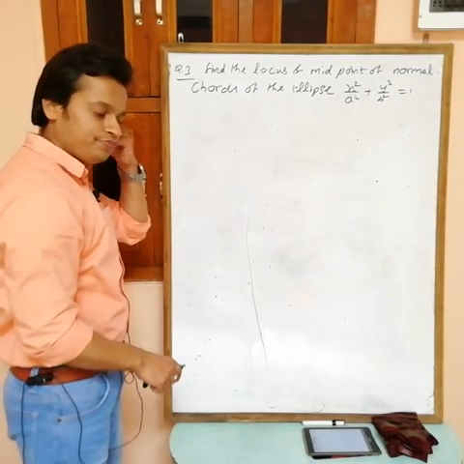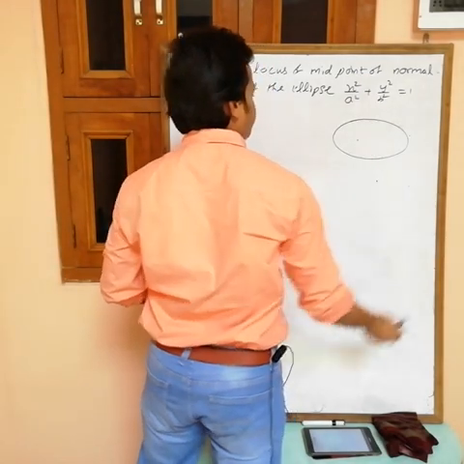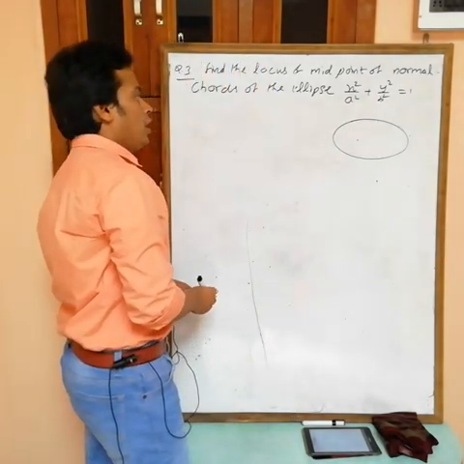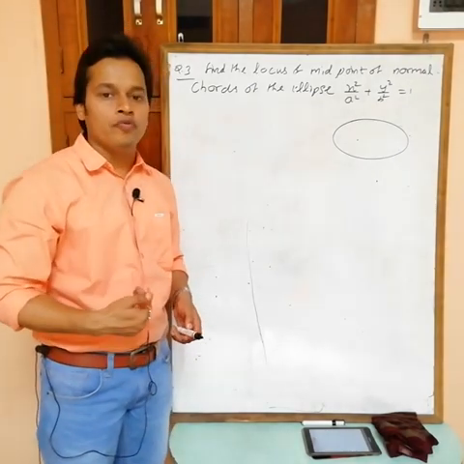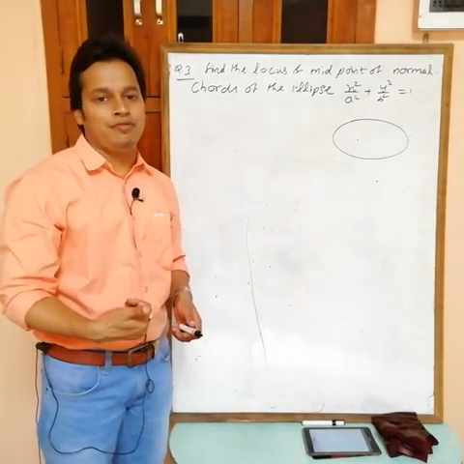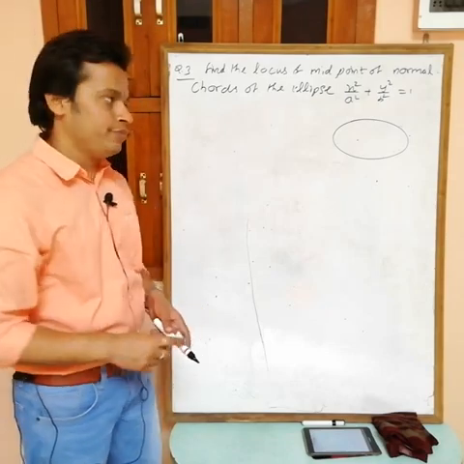Okay, see, suppose this is the ellipse. And normal chord means a chord which is normal at any one end. It means normal and chord both.